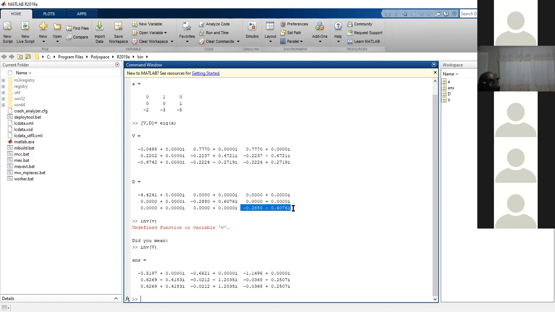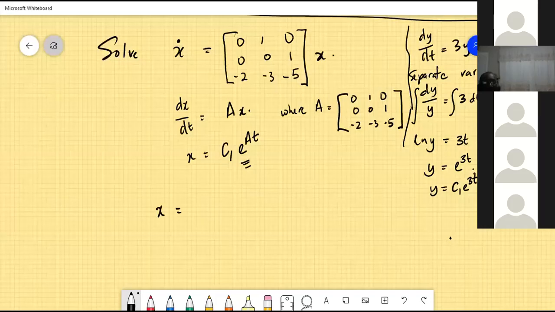So when you want e to the AT as your solution, let's go back. My x is going to be C1 and then V D V inverse. So the value that I got for V, the value that I got for D, and the value that I got.